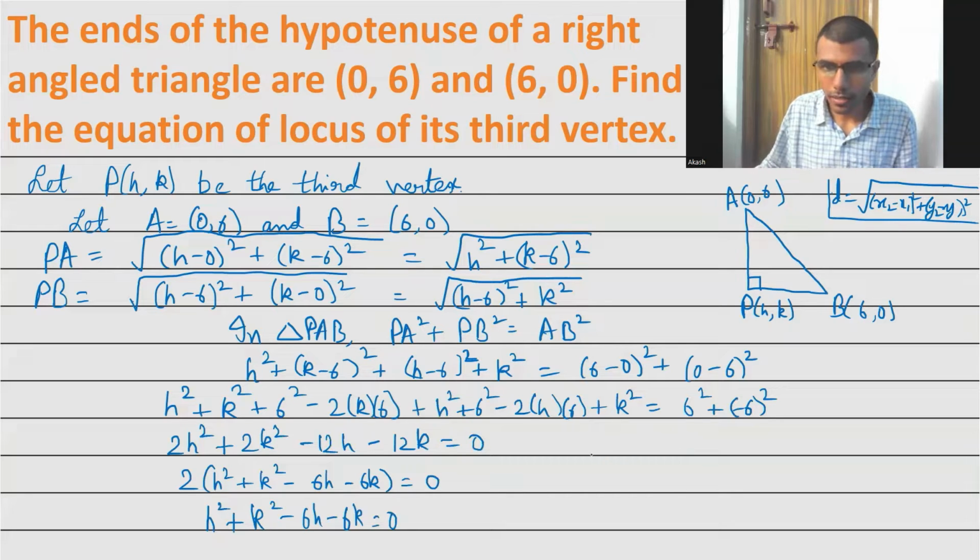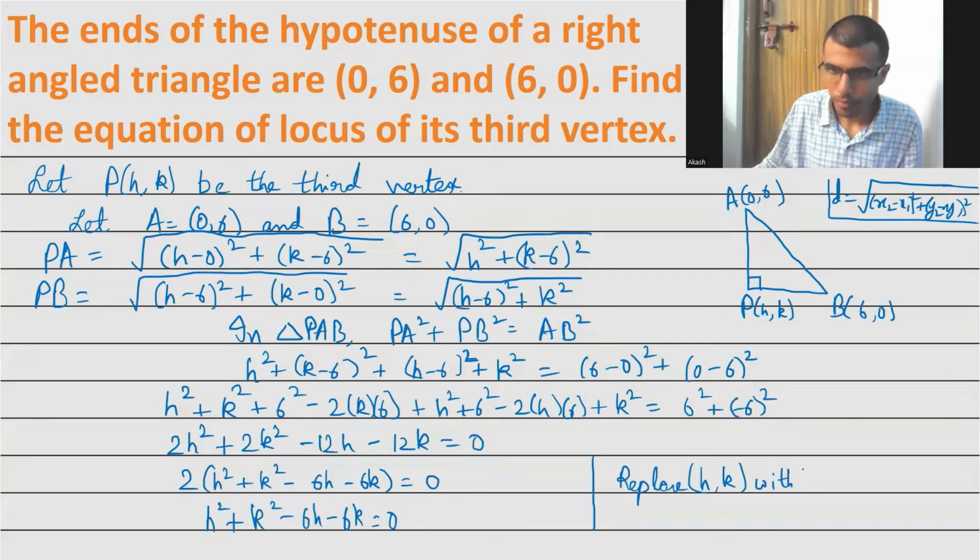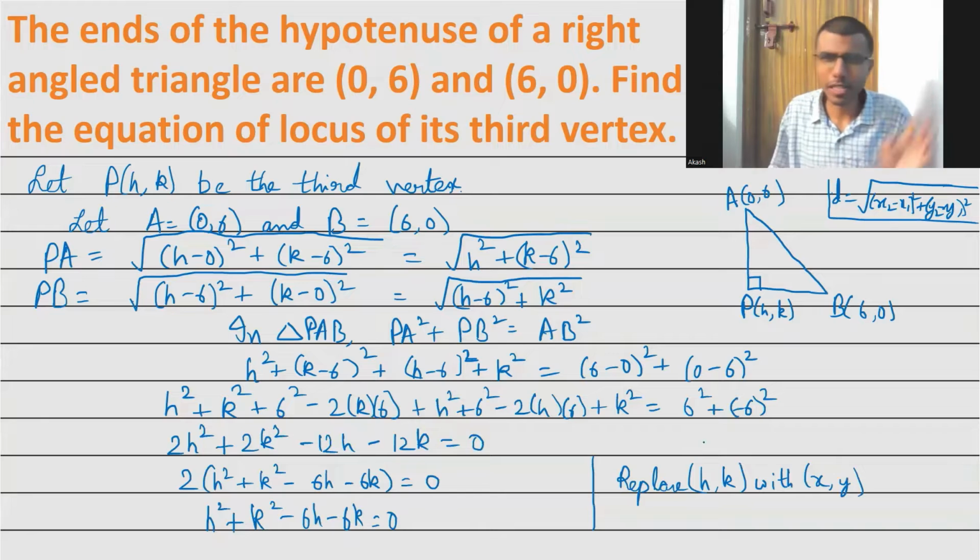Now one last step, replace h comma k with x comma y, because in general our equations are denoted by x and y, so let's get our answer also in that.